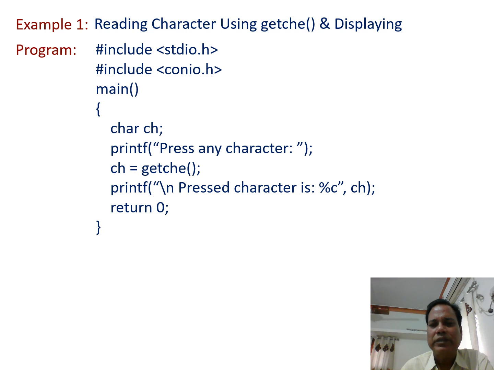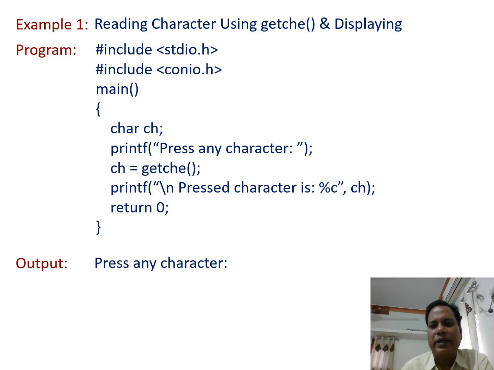Then using the next printf statement, we print this entered character. So pressed character is %c. At this format specifier, the value of the character gets printed. So whenever this program is run, we get the output like this one.